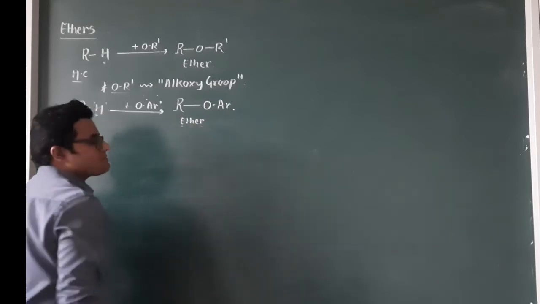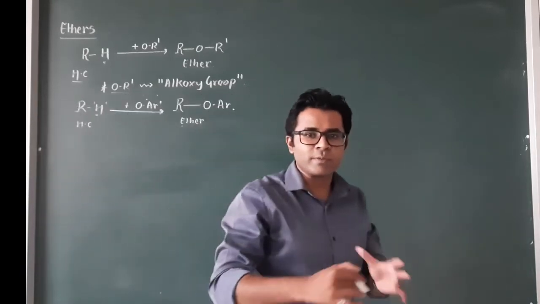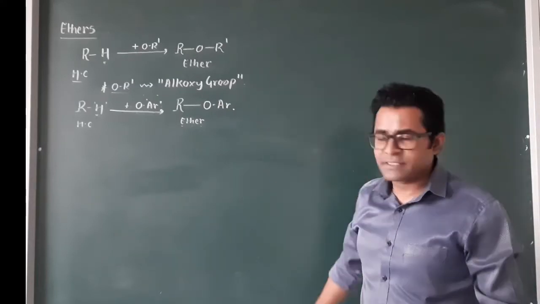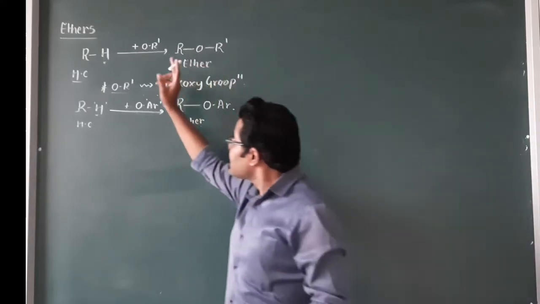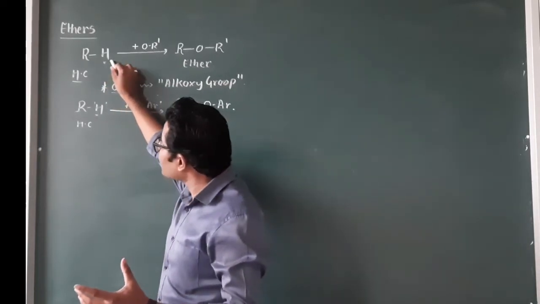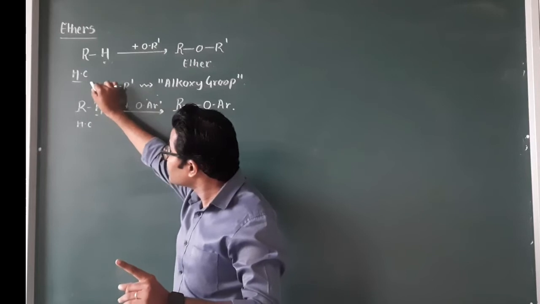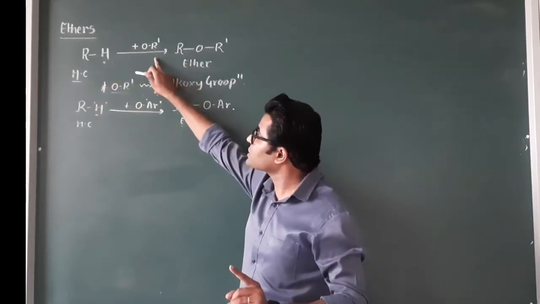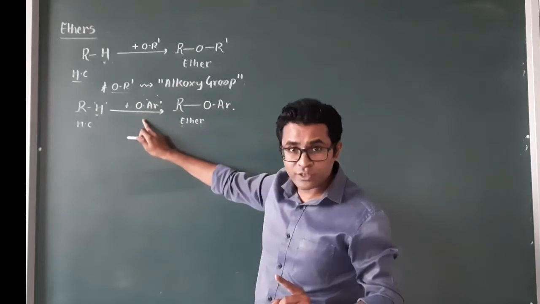In this particular case, the ether is with a benzene type of system or aromatic type of systems. So these are the ethers. Therefore, an ether is a compound in which one of the hydrogen atoms in hydrocarbons is replaced either by an alkoxy group or an aryloxy group.